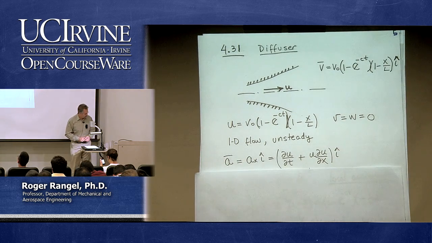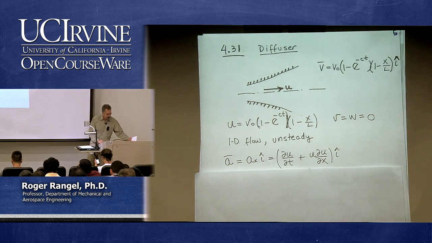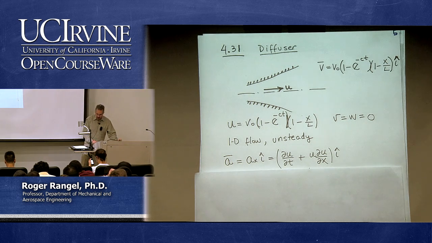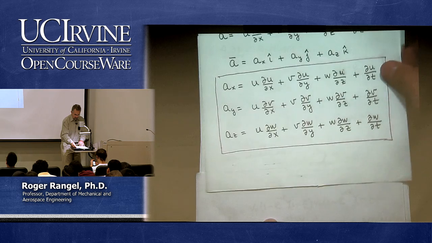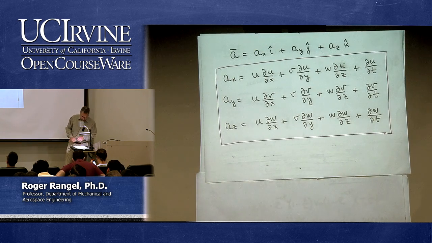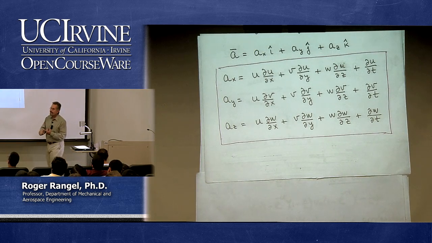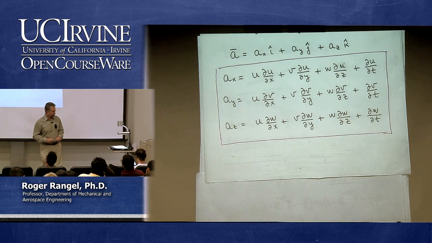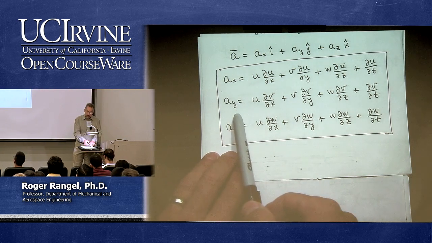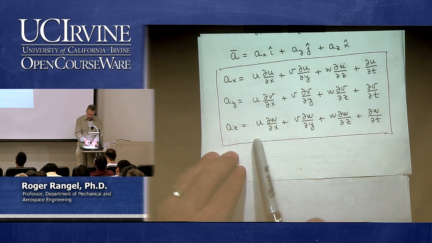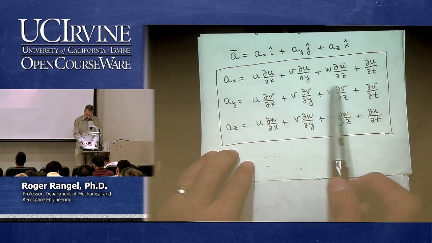And therefore, when we look at our big expression for the acceleration, let me go back and show it to you one more time. When you look at this in the box, since there is no v and there is no w, there will be no acceleration in the y direction and no acceleration in the z direction, because there is a v there, a v there, a v there, and a v there.